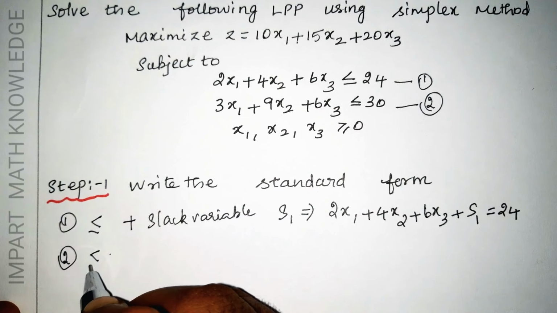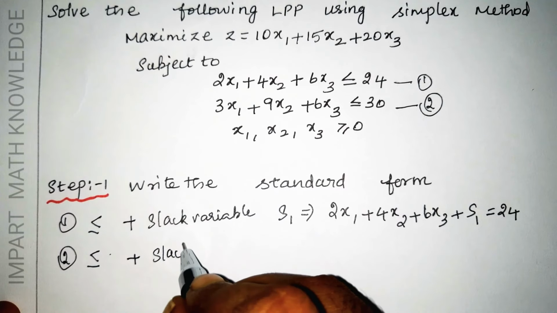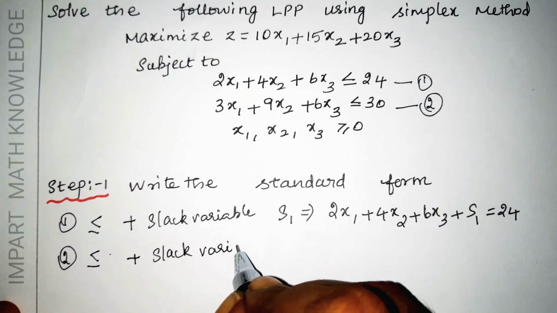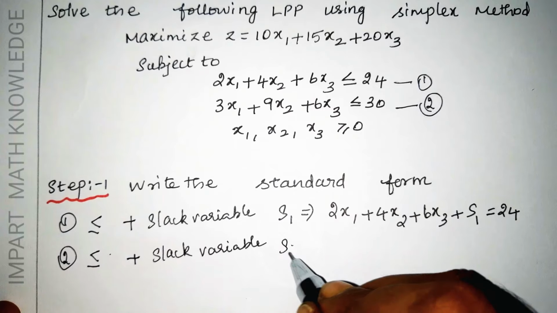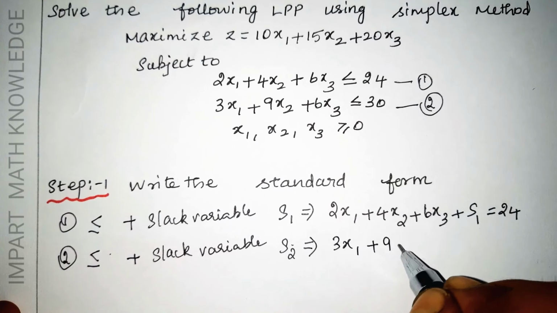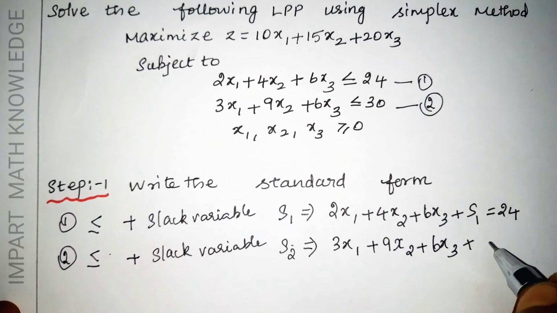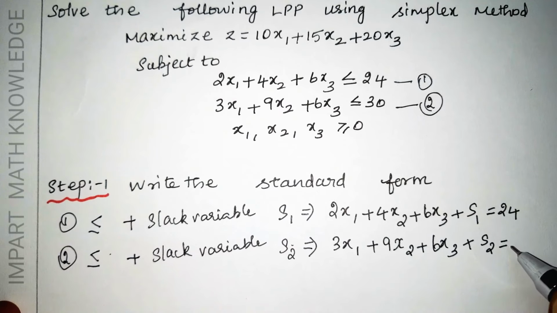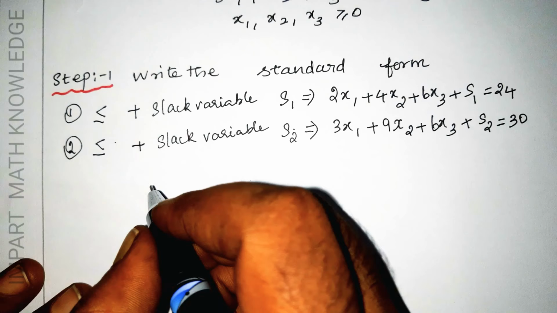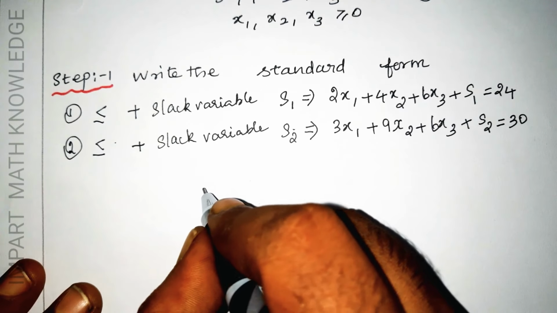Second condition is also less than or equal to type, so you have to add the slack variable s2. 3x1 plus 9x2 plus 6x3 plus s2 is equal to 30. Now we have to write the standard form for this particular problem.